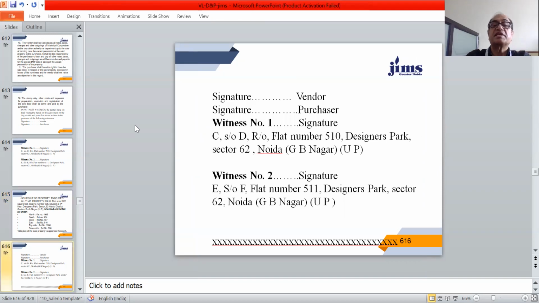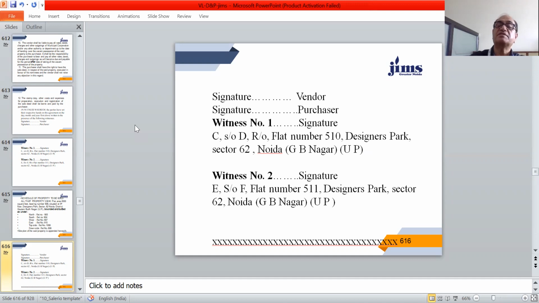Then comes the signature of the vendor along with his photograph, and the signature of the purchaser or the vendee along with photograph, and the photocopy of their Aadhaar card is also to be made part of this agreement to sell. Photocopy of the PAN number is also to be attached along with this agreement to sell. Similarly, the photograph of two witnesses is also required.